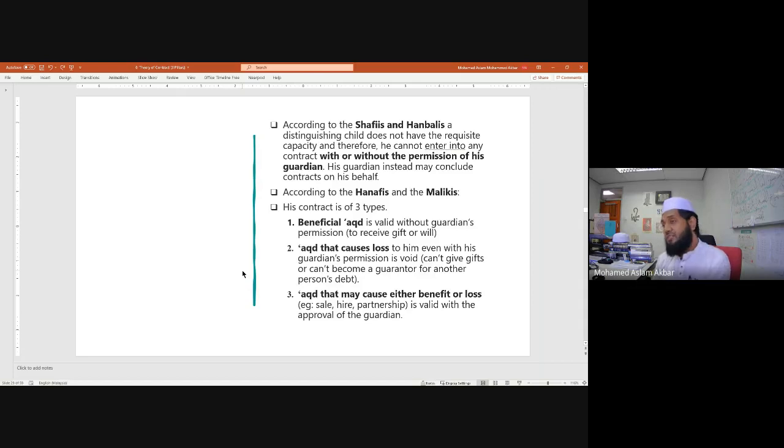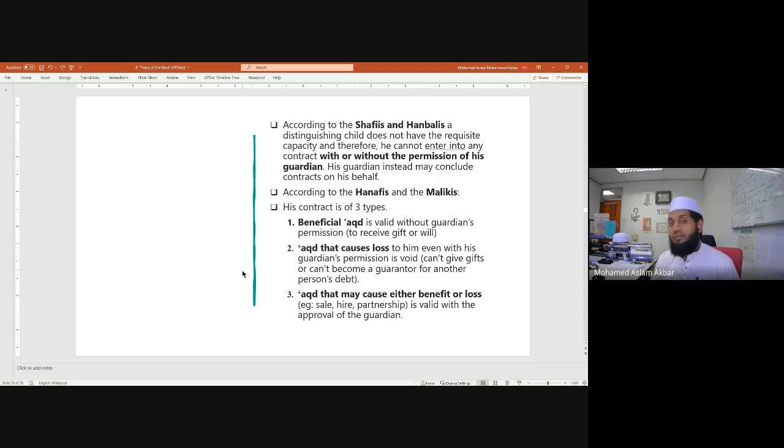Aqad, the transaction that causes loss to him, even with his guardian's permission, is void. He cannot give gifts, or become a guarantor for another person's debt. Sabi al-Mumayyiz cannot come and say, okay, that man has to pay 1,000 ringgit, so I will pay on his behalf.